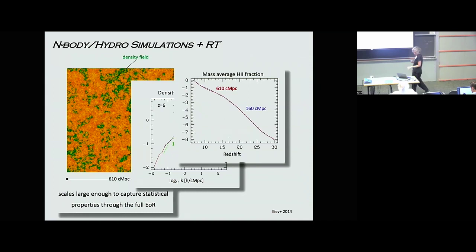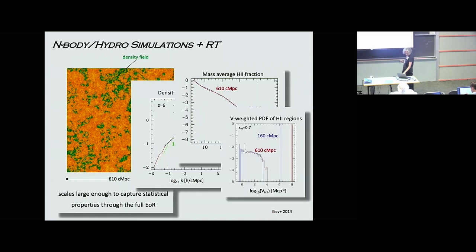But if you look at the more detailed quantities representing the reionization process, in this case I'm showing the volume-weighted PDF of ionized regions, you see that you start seeing some differences. So here again, I come back to my initial statement that depending on the quantity of the problem that you want to address, you should choose carefully the parameters of your simulation and the method to use.